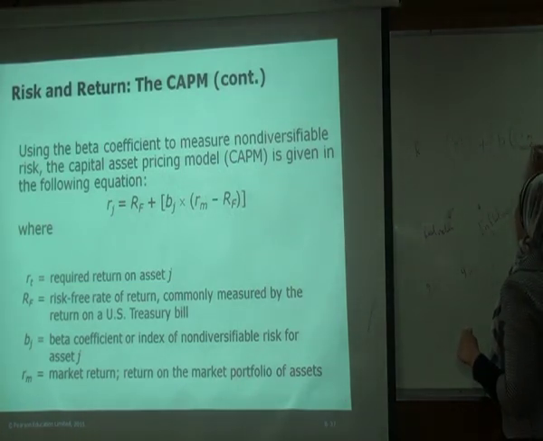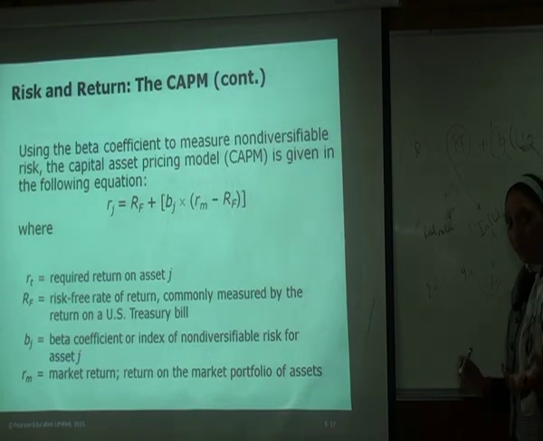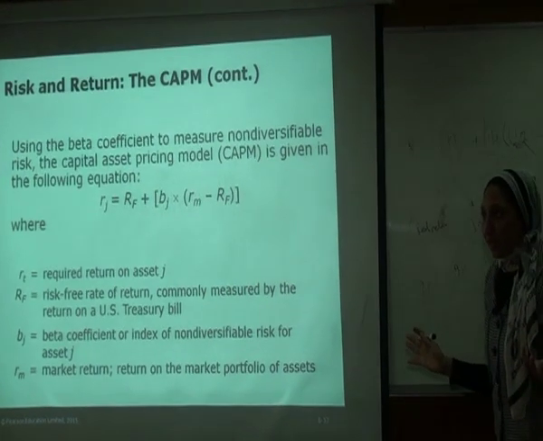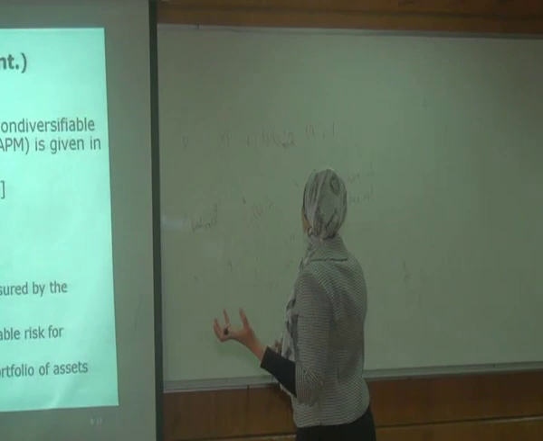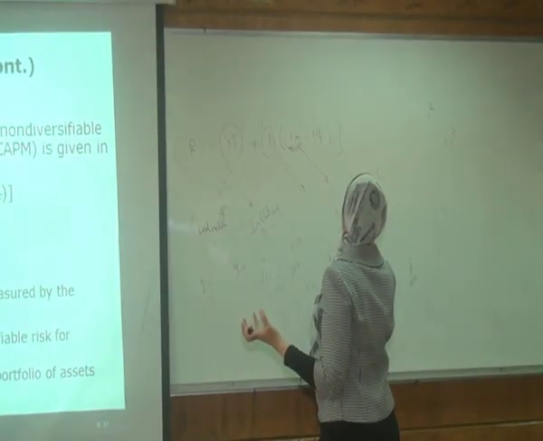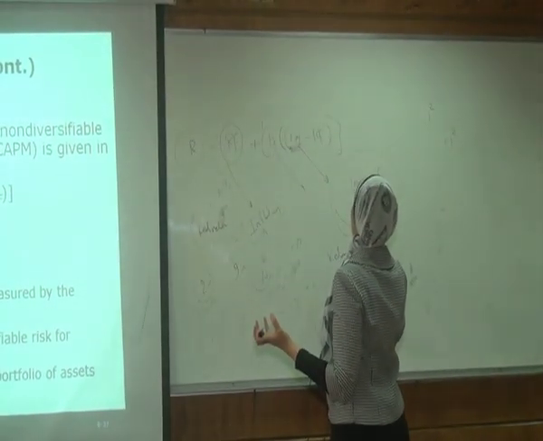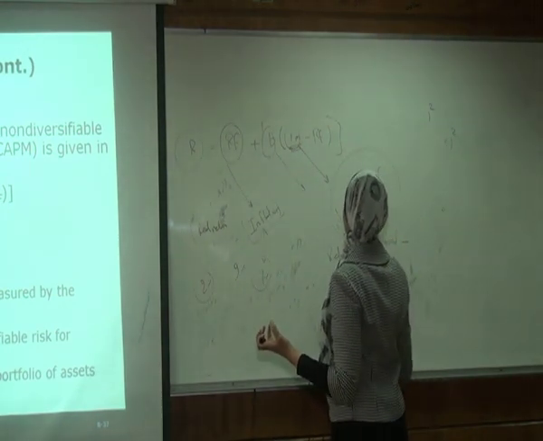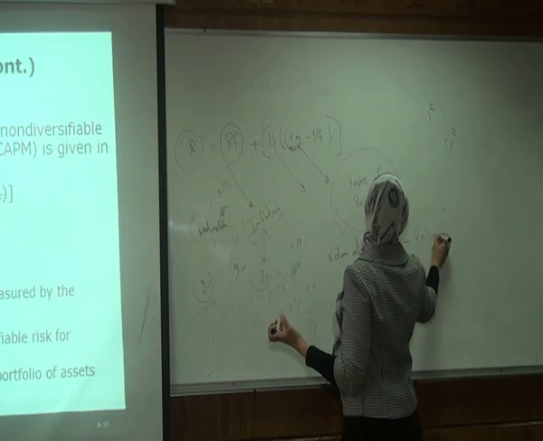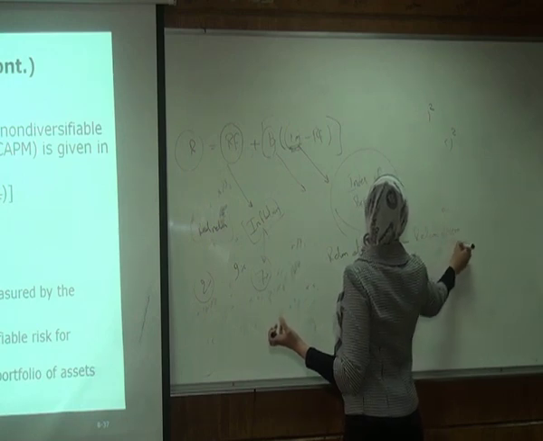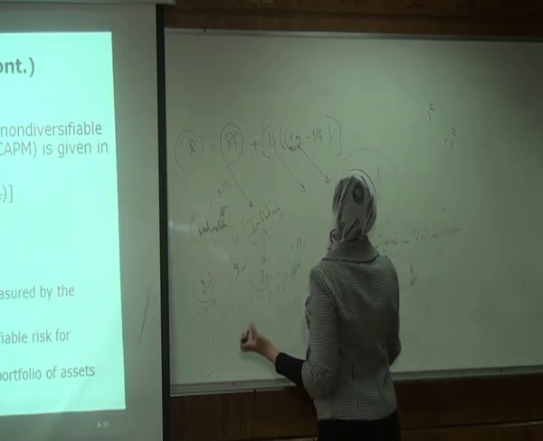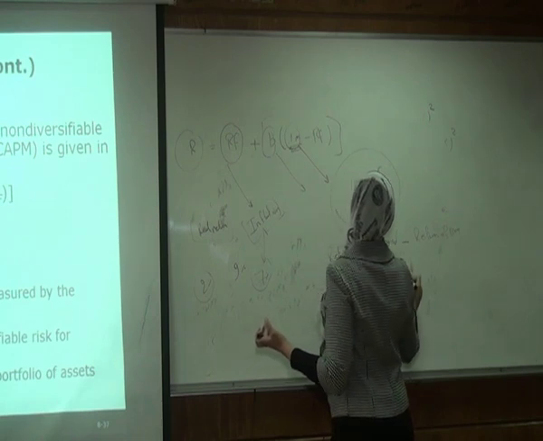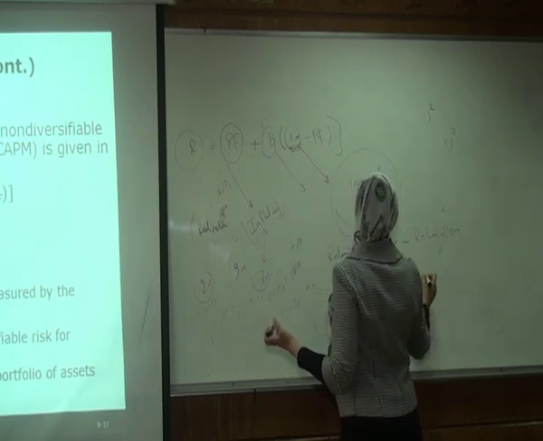If you want to get the return of this index, you will calculate the return as if you're calculating the return of a single asset. It's the return at the end of the period minus the return at the beginning, divided by the return at the beginning.